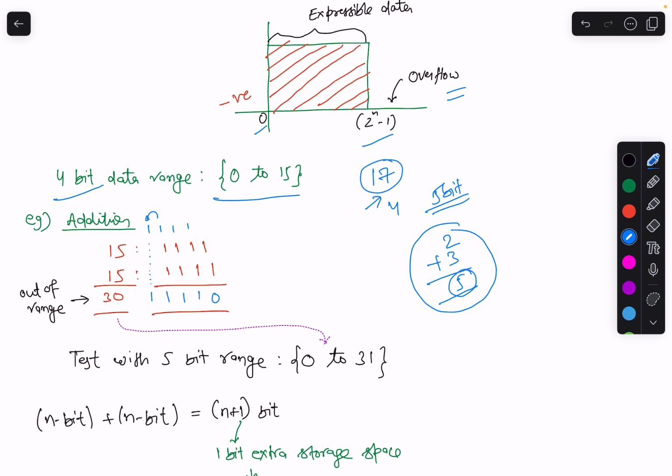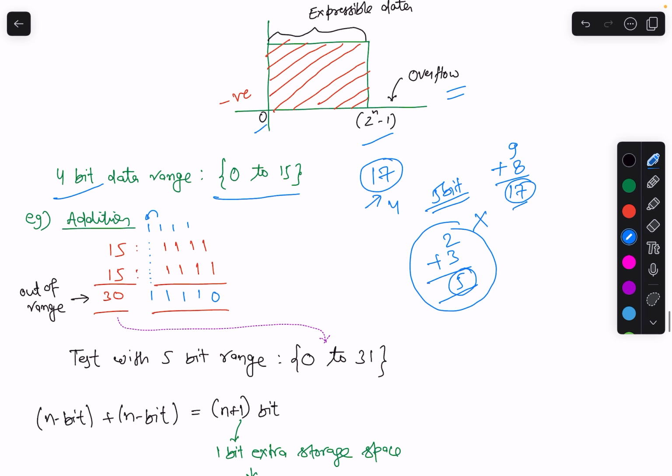So this is not a good example for showing overflow. We can show overflow only when the sum is greater than 15, right? So we can show 9 plus 8 is 17, because 17 we cannot store between 0 and 15, and we need one extra bit to store it.